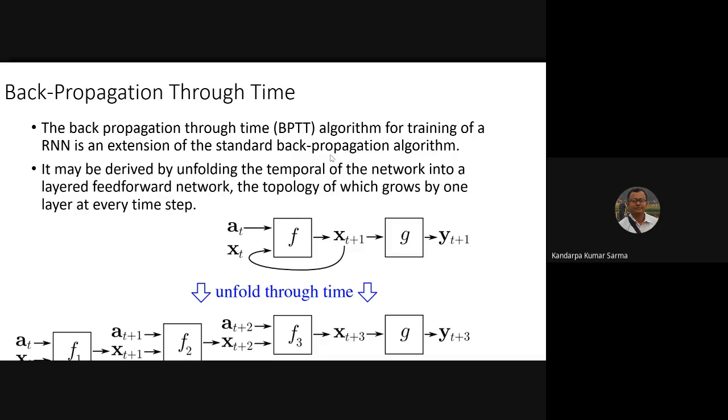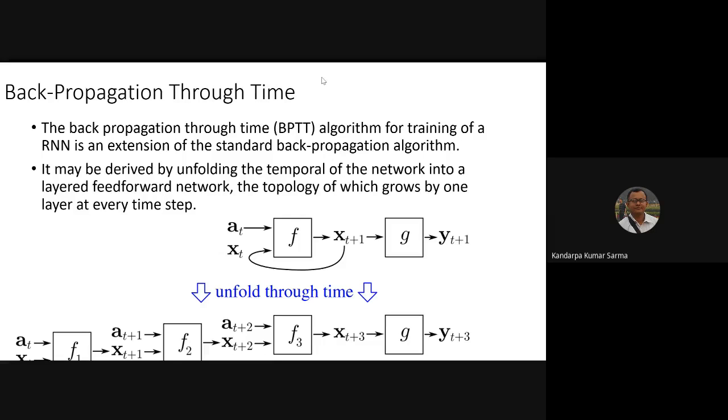Now, in backpropagation through time training, the RNN will be just a variation of the standard backpropagation training. We may see it derived by unfolding the temporal part of the network into a layered feed-forward network, a topology of which grows by one layer at each time step of training.